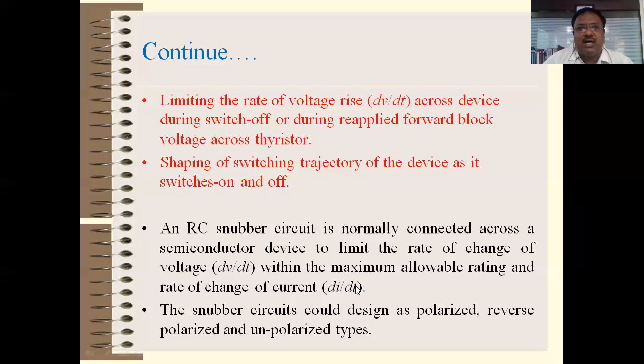So your devices are protected from both. High dV by dt means for a very short time a high voltage spike may appear across the device, or high di by dt means for a short time a very high current spike may be applied to the device.